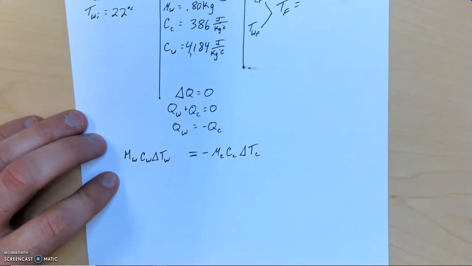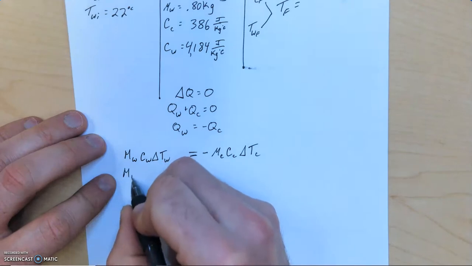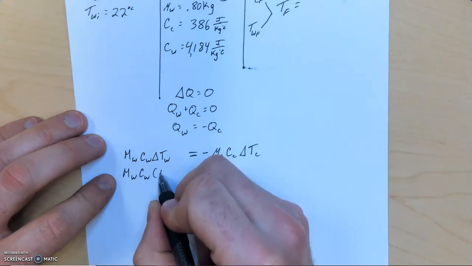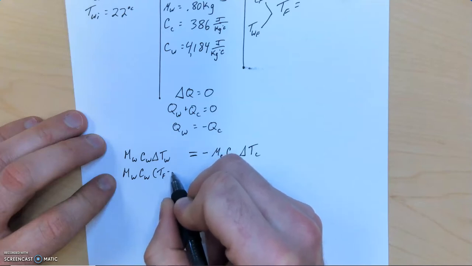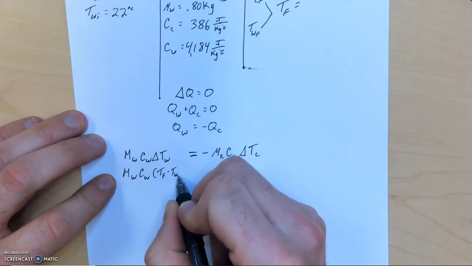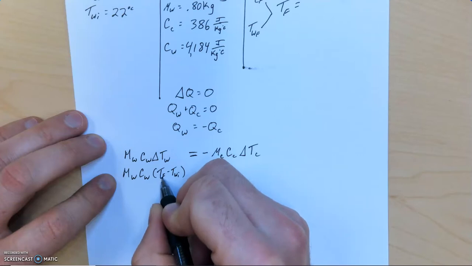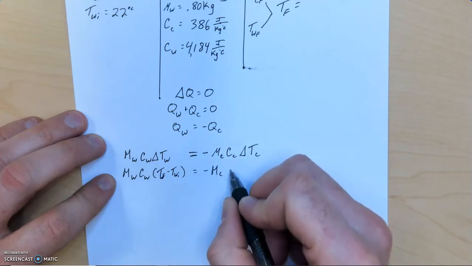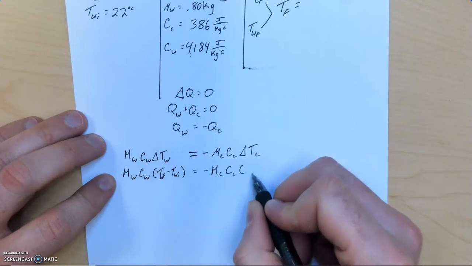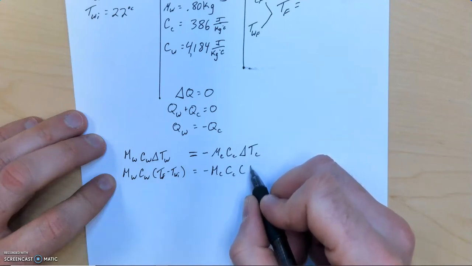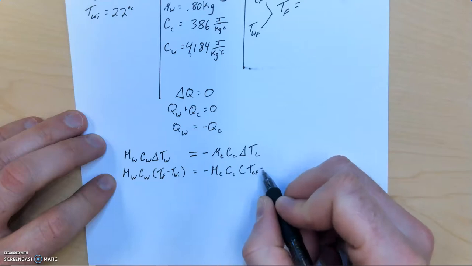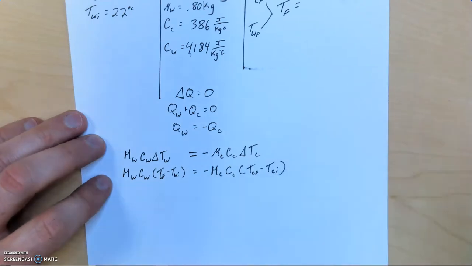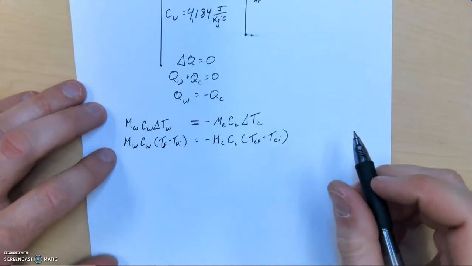So mass of the water, let's spread this out. We have the temperature final minus the temperature of the water initial. It's going to equal the mass of the copper, specific heat of the copper, temperature of the copper final minus the temperature of the copper initial. I like to write it out so I know where to stick all my numbers.